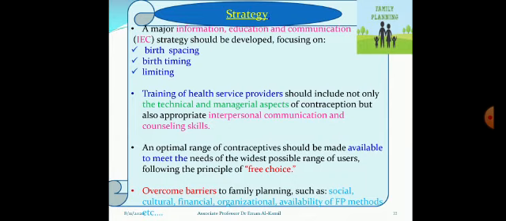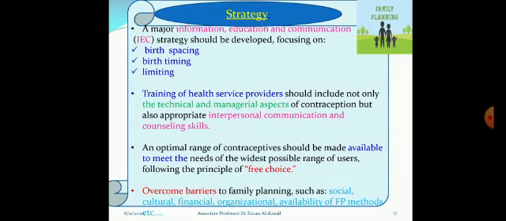This is called IEC. IEC provides the mother with information about birth spacing to increase the interval between their children, birth timing, meaning at what time they want their children, or limiting the number of the family. So it is important to inform the mother about birth spacing, birth timing and limiting.